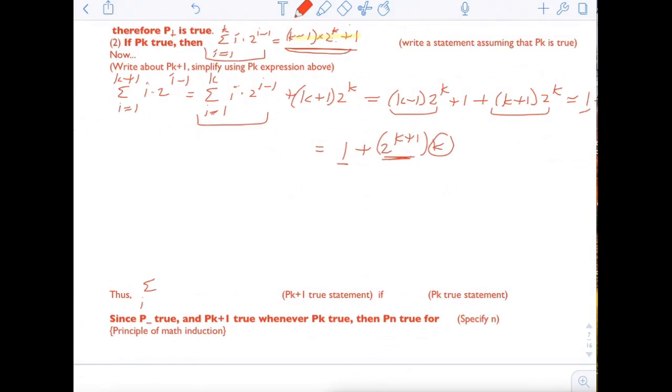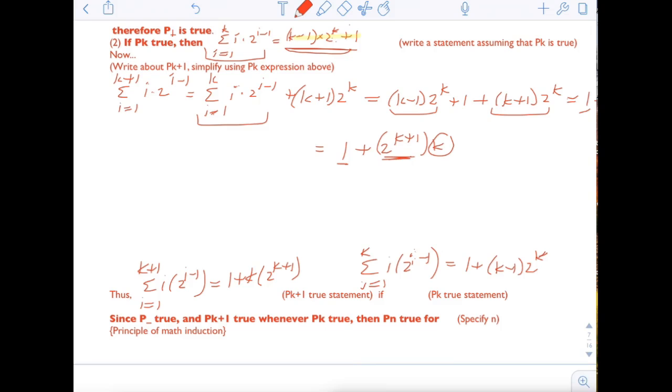So thus, the sum from i equals 1 to k plus 1 of i times 2 to the i minus 1 is equal to 1 plus k times 2 to the k plus 1, if the sum from i equals 1 to k of i times 2 to the i minus 1 is equal to 1 plus (k minus 1) times 2 to the k.